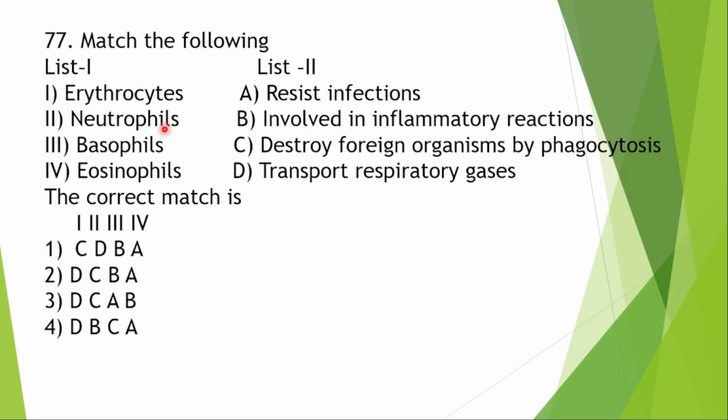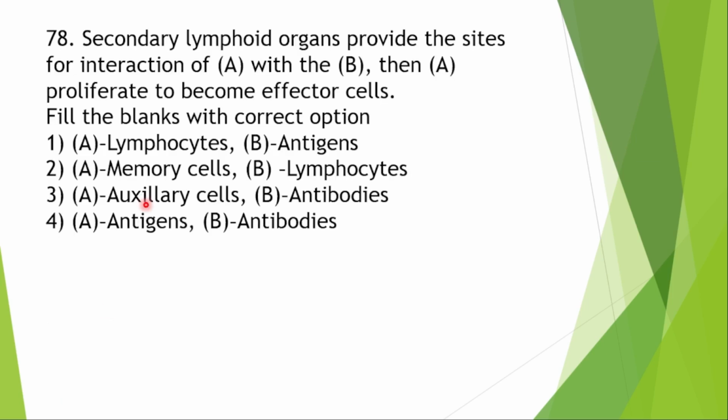Basophils is for B, involved in inflammatory reaction, and the fourth one is for A, that is resist infection. 1, 2, 3, 4 is for DCBA. So the right option is correct.